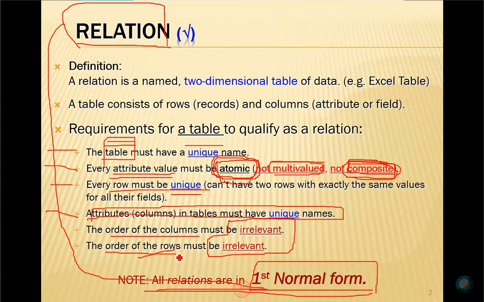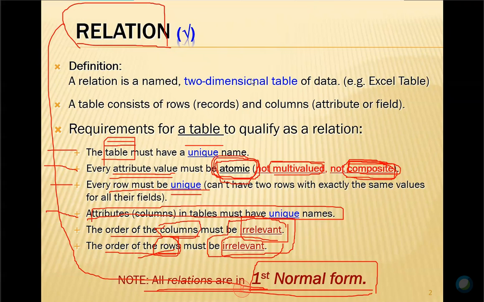It does not matter because you can always change the sequence of your columns in whatever sequence you like. Likewise, the sequence of the rows or records doesn't matter. You can start with male students first followed by female, or the student with the smallest age followed by a higher age, or the highest GPA then the lower GPA. You can sort the data any way you like. That's why the order of the columns and the rows is irrelevant.